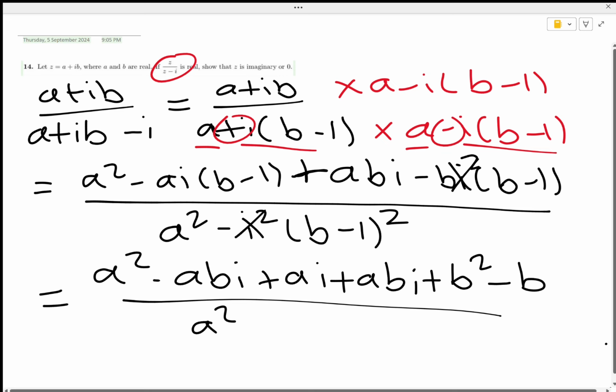So now anything without the i comes together, so a to the power of 2 plus b to the power of 2 minus b, put these together. Then now the i, so plus a i, then just write the denominator. Just make some more space.